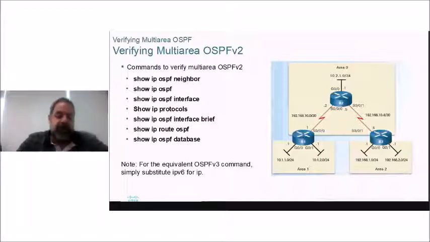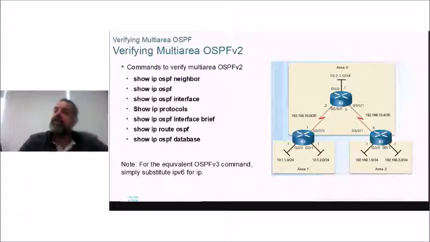And of course, you can look at the database as well, but to me personally, show IP OSPF neighbor, show IP protocols, and show IP route are the 3 major ones I'll look at. If I'm happy with those 3, I'll get on with my life. If not, that's when I might start looking at the others.